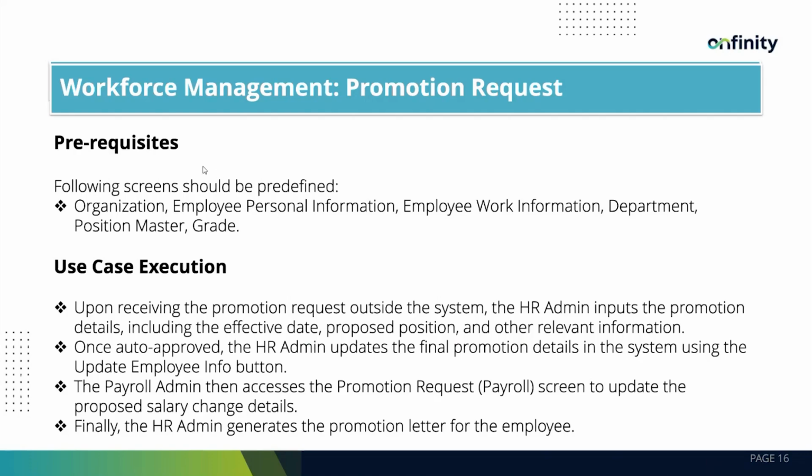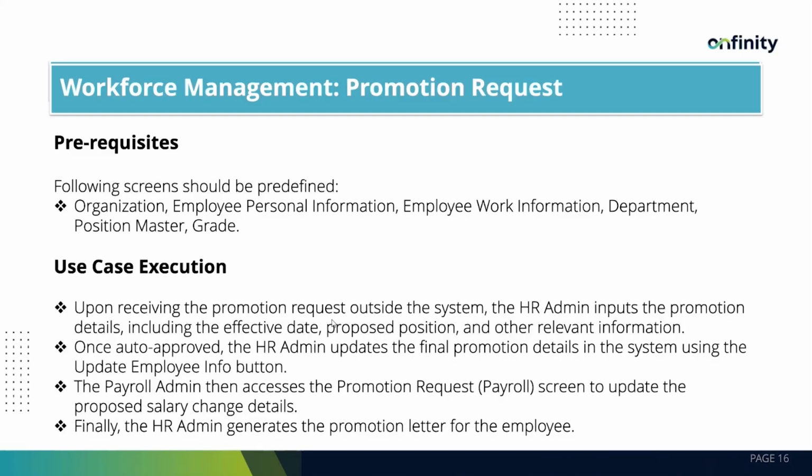Now, let's look at the prerequisites for executing a promotion request. The following screens and data must be predefined in the system: organization, employee personal information, employee work information, department, position master, grade. Use case execution of promotion request.